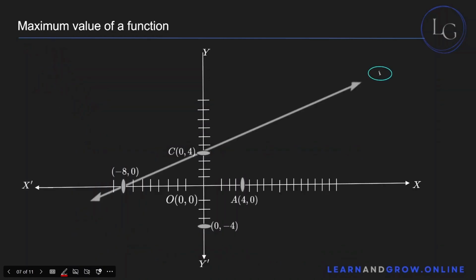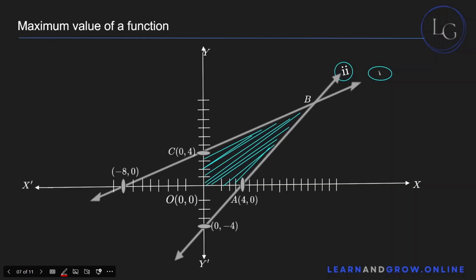Now, this is the graph of equation number 1 and this is the graph of equation number 2, right? Both are towards the origin. So this is the shaded region. Again, we cannot take this region. Why?